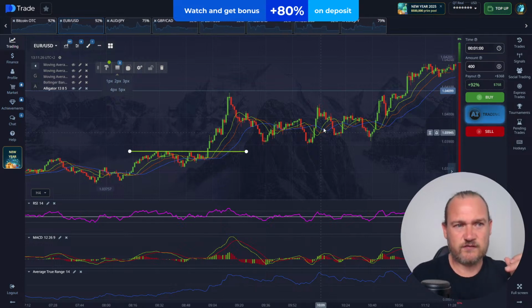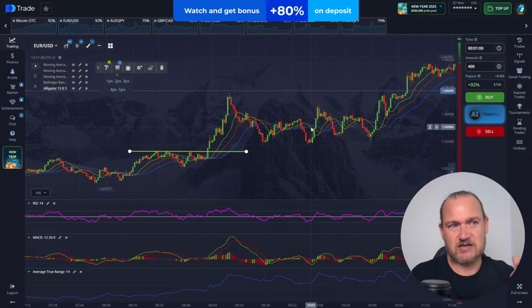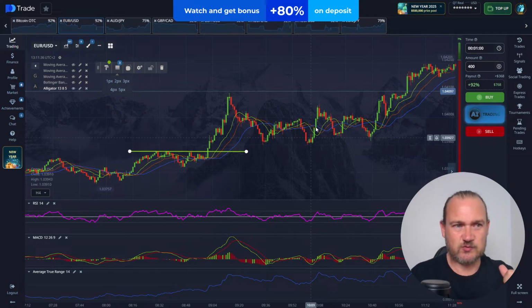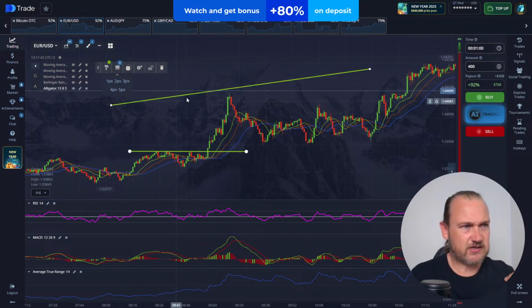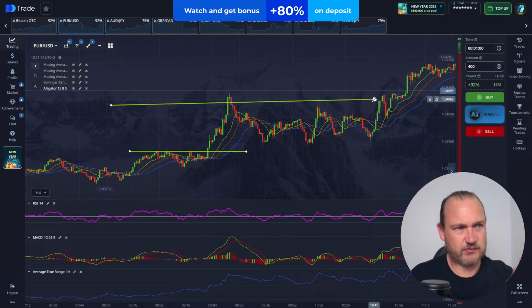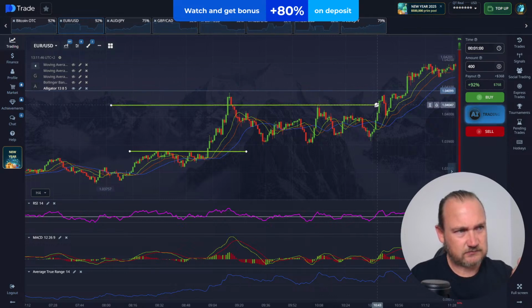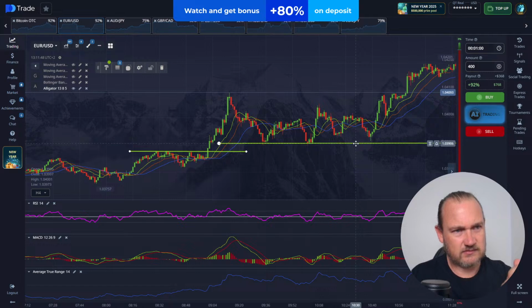You're going to get a lot of false positives like these, and oftentimes, because it's a lagging indicator, by the time you take the trade on the cross, it's going to be too late. This is a perfect example of what a range looks like and how a range would have nailed you if you were trading crosses. Let's just do that.